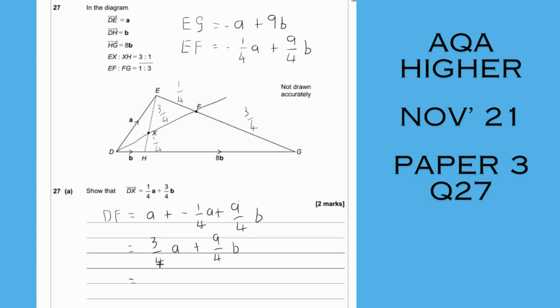If I take DF, I'm going to take a 3 out. And when I take a 3 out, I'm hoping it becomes obvious. As you can see, DF is a multiple of DX.